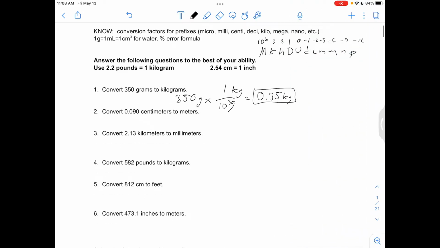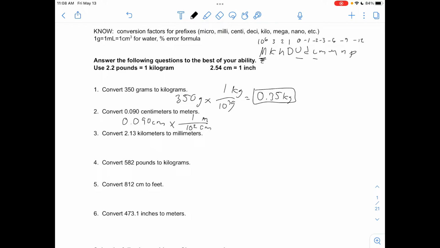Okay, next one. 0.90 centimeters, and I want to get into meters. Meters are a base unit, and I have centimeters. Meter is bigger. Remember, how I determine that is whatever is closest to mega. Mega is the biggest unit, pico is the smallest that we have on this line. So between the base unit and centi, there are 2 tens, so 10 to the 2nd.